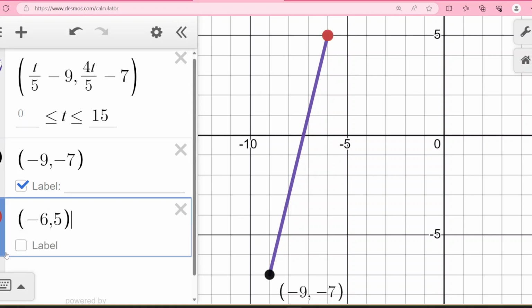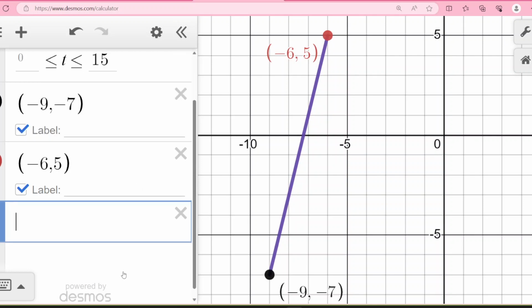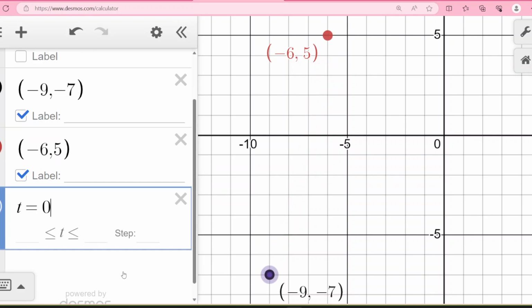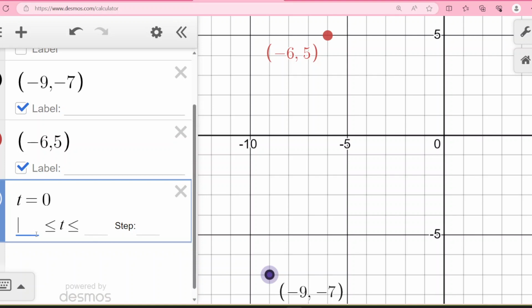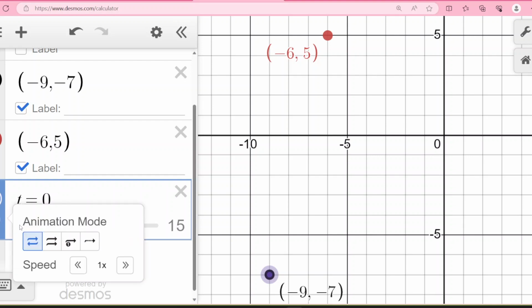And look at that. Now they don't write arrows on this, but I could do the thing where we see the point moving again. So I'll have t equals 0 and put in a t range from 0 to 15. I'll have it go by, say, 0.01, and we'll play it real slow.